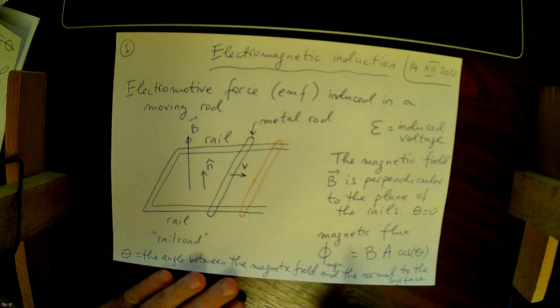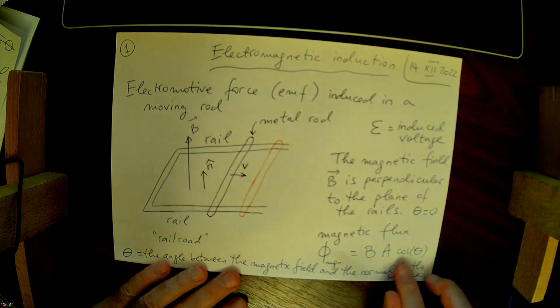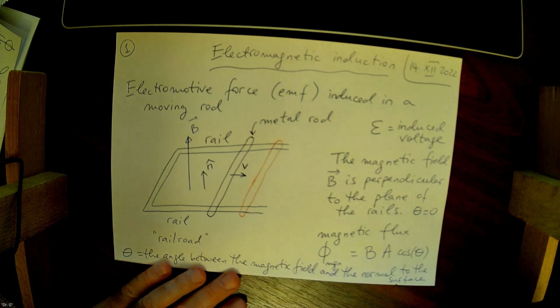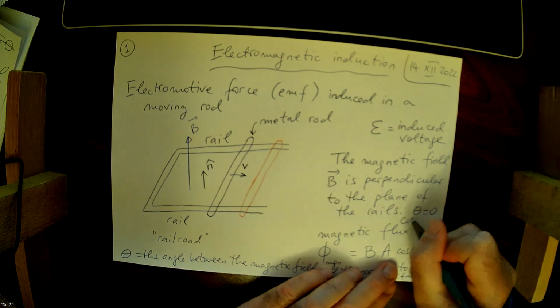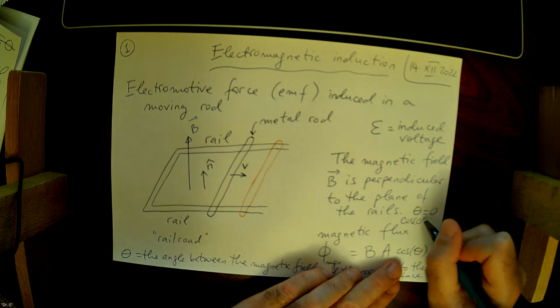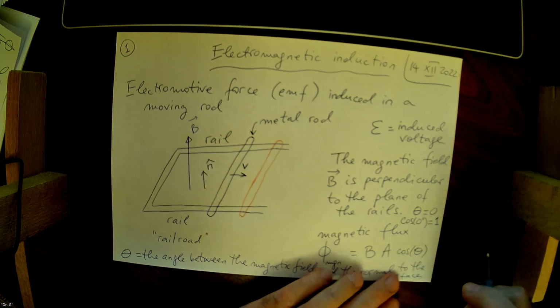It's the angle between two parallel lines. And the cosine of 0 is 1, so we don't have to worry about it. Cosine of 0 degrees is 1.